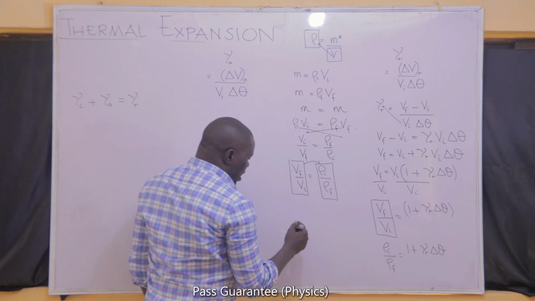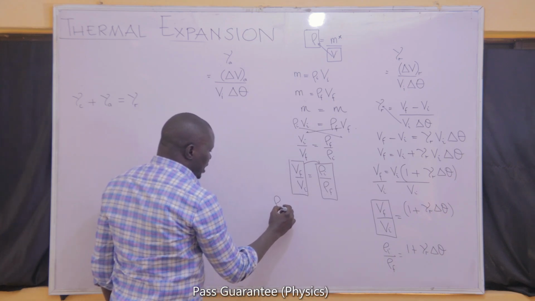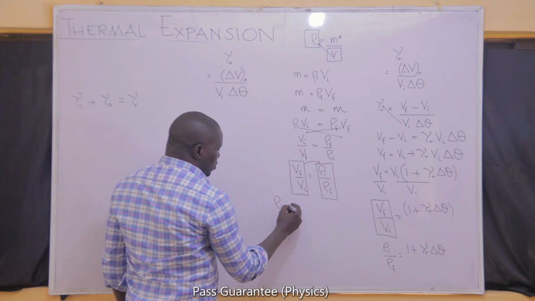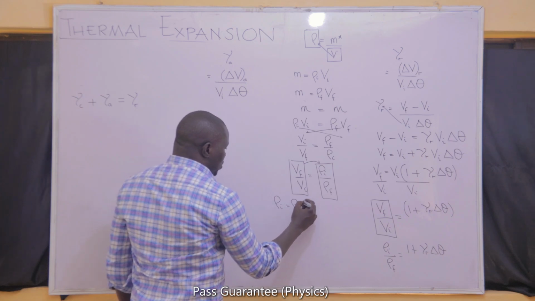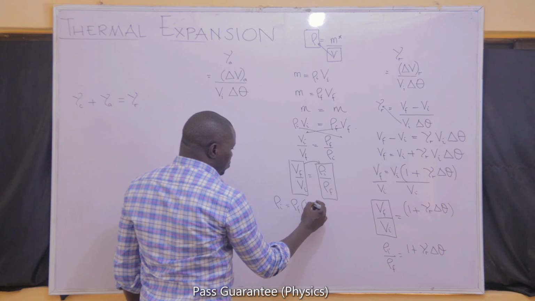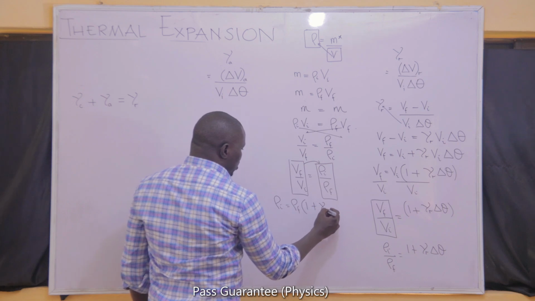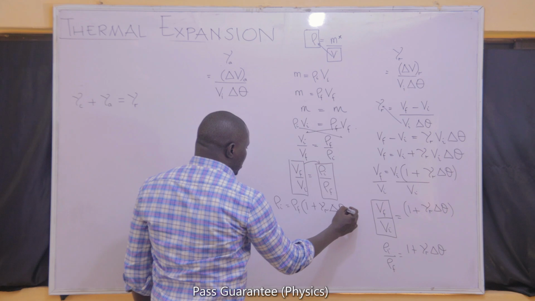If I cross multiply, I should have rho I, that's initial density, is equal to rho F multiplied by 1 plus the real cubic expansivity multiplied by change in temperature.